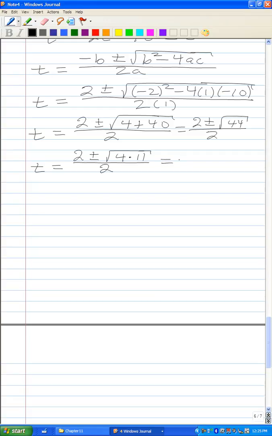The square root of 4 is 2. So let's factor out the 2. So what remains after I factor out the 2 is 1 plus or minus radical 11 over 2. Now the 2's cancel.